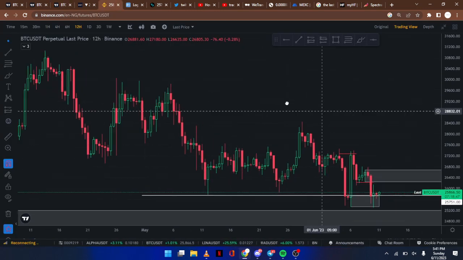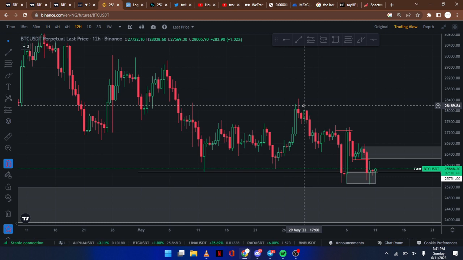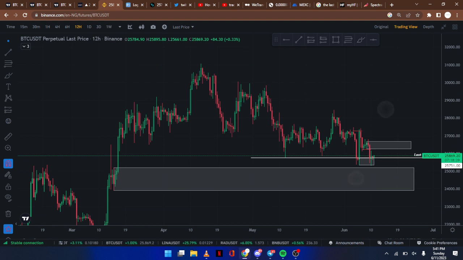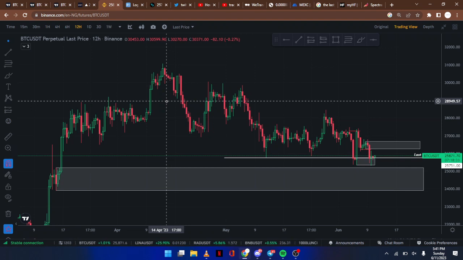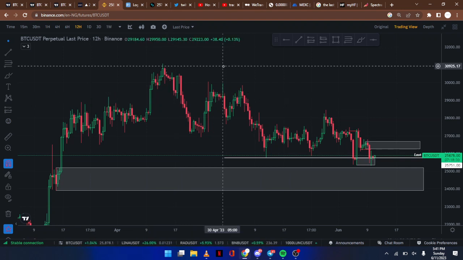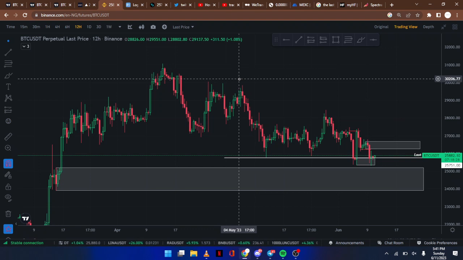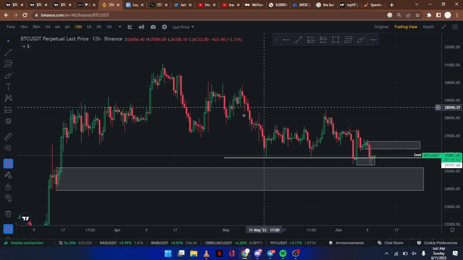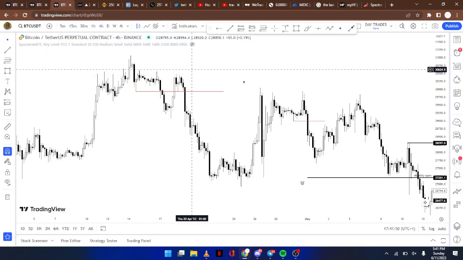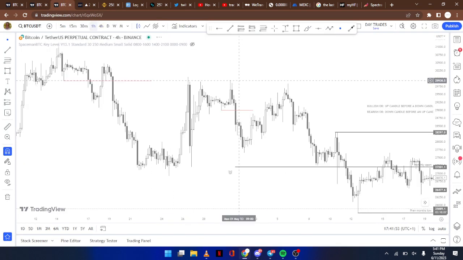Let me use another chart to illustrate. I'm quite finding it hard to use that one. Okay. Let me go to the 1 hour time frame.